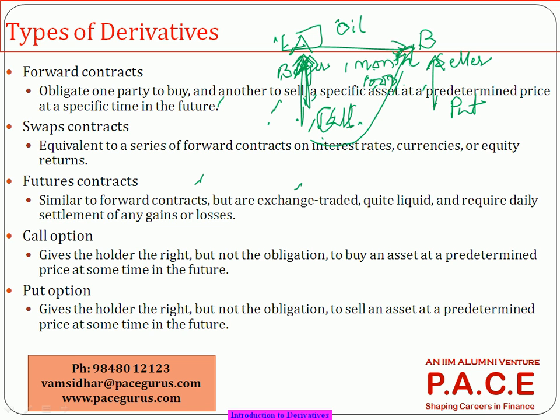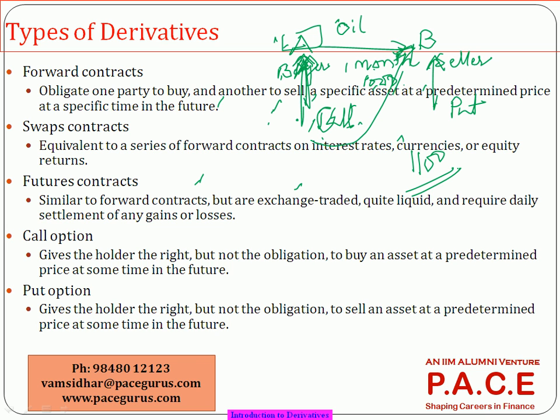It's like a gone amount. Today you are paying 50 to the other party just to take a benefit, it will help you to take a decision after 1 month. See, it's not obligated that you have to buy it. Let's say on that day the oil price goes to 1100 after 1 month. He is ready to buy it at 1000 because overall it has costed him only 1050.